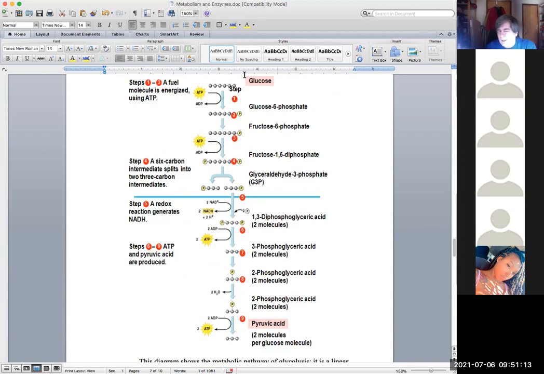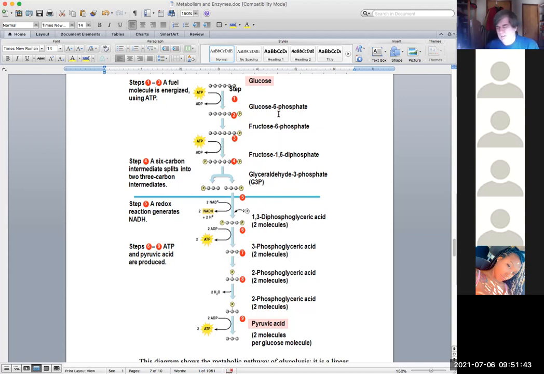Our first reactant is glucose, and then down at the bottom, our last product is 2-pyruvic acid. It shows us some little dots representing how many carbon atoms are in each molecule. So this is a linear reaction where we can basically go straight down from glucose to our pyruvic acid.